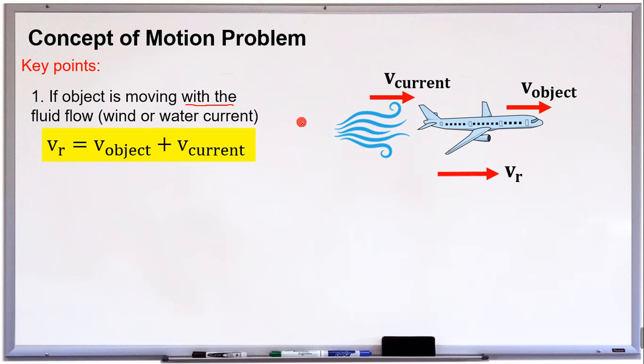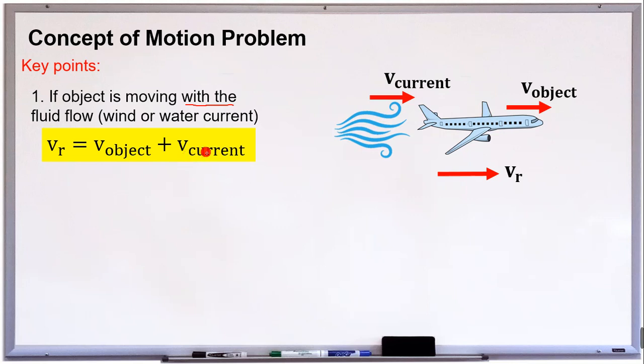As you can see in the figure on the right side, we have an airplane, and then we have a wind that blows from the rear part of our airplane towards the front.